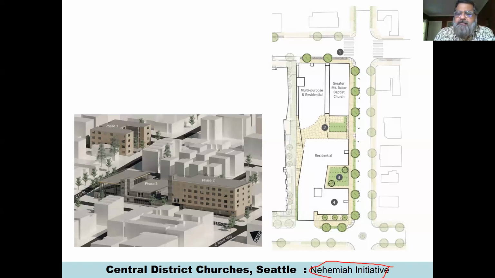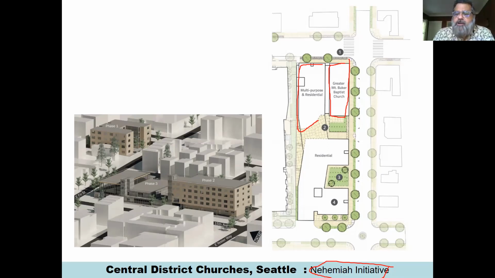So there's an effort called the Nehemiah Initiative that's going on, and our university is involved in that. It is a church-led and community-based partnership in which the church structures are preserved, but the church sites are redeveloped for multi-purpose, residential, and other uses. So it is more of a contextual historic design, plus adaptively reusing the church structure because the parish may not be there.